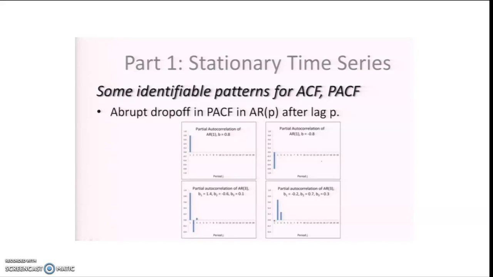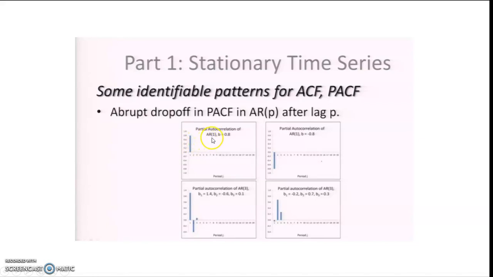Here are the identifiable patterns for the autocorrelation function and partial autocorrelation function. If you use the partial autocorrelation function in AR(p), after lag p there will be a sudden drop off.